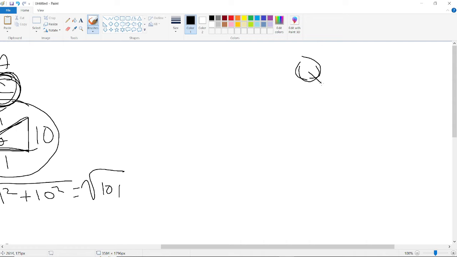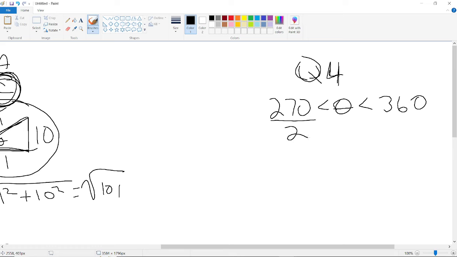If the original angle is in quadrant 4, we know that 270, or 3 pi over 2, is less than theta, which is less than 2 pi or 360, whatever you want to write. So now we just divide all of those by 2.